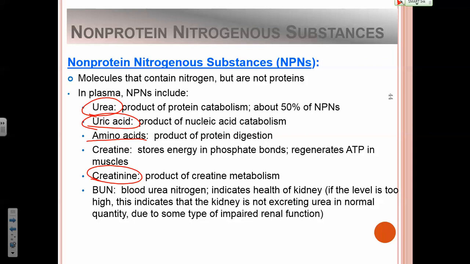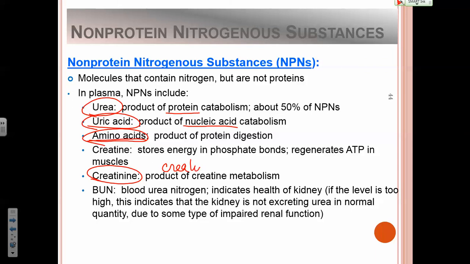So I know I've gotten pretty wordy on this. You just need to list these non-protein nitrogenous substances. Why don't we just list the ones I've circled? The amino acids are not necessarily waste products, but of the others, urea comes from the breakdown of protein. Uric acid comes mostly in us from the breakdown of nucleic acid, and creatinine comes from the breakdown of creatine phosphate.